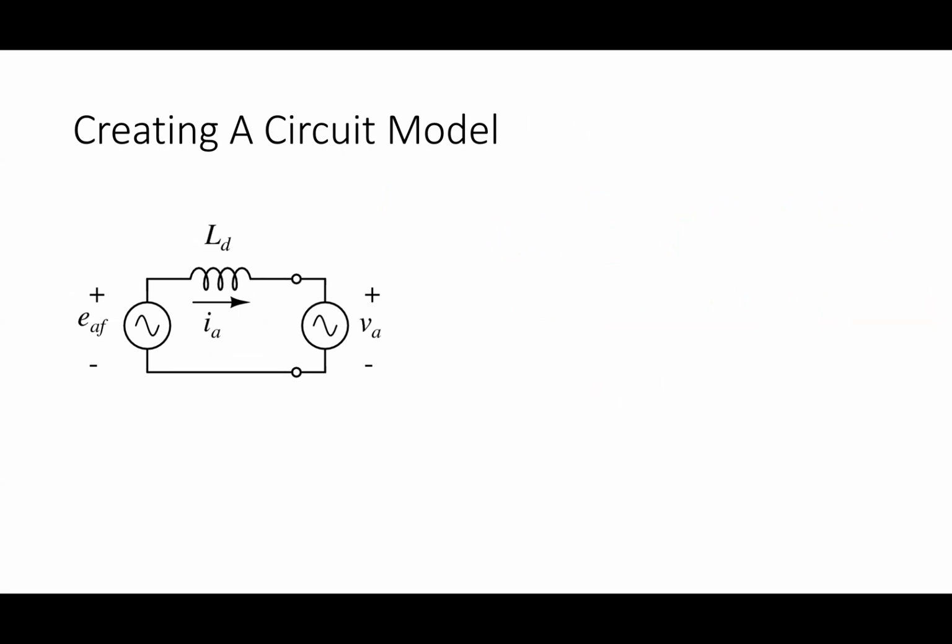So I had basically V_A equals negative j omega L_d times I_A plus omega M I_F with angle delta. If I did KVL around this loop, I would get the same thing.